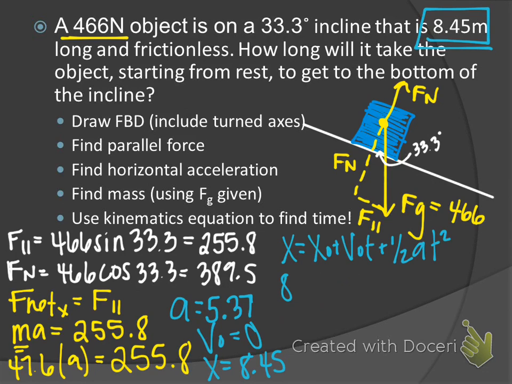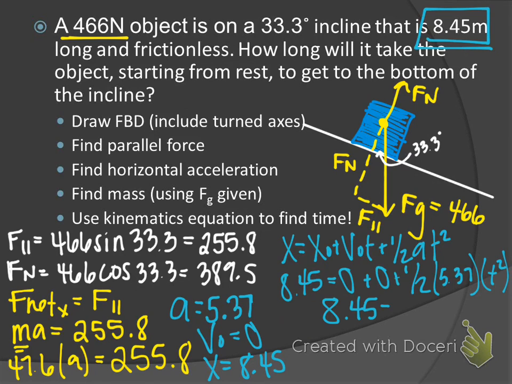Okay, x is 8.45, 0, 0, 1/2 5.37 t squared. So I got t equal to 1.77 seconds.